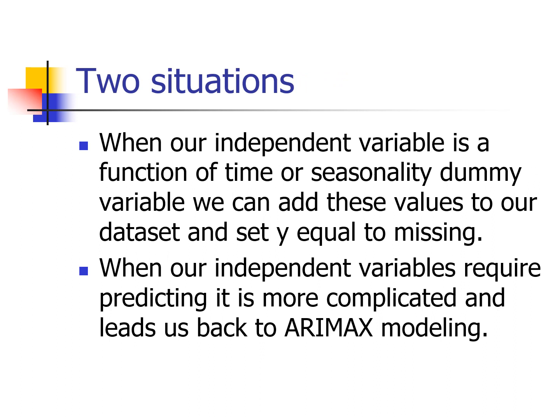The easiest situation is where our independent variables are functions of time or seasonality. The example we just did had time and quarterly dummy variables. I could fill those in for future values. If my data set goes up to time point 60, just like in 512, I can add another line for 61 and set Y to missing, fill in the appropriate dummy variable as 1, and the other ones as zeros.